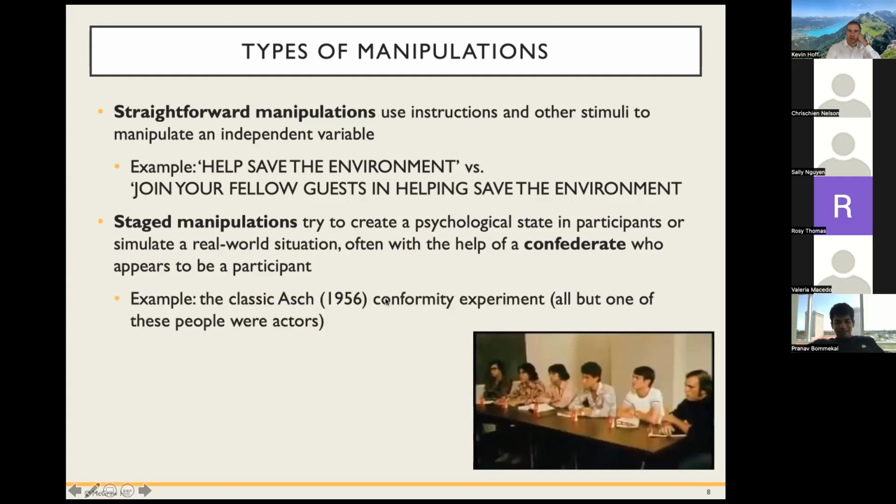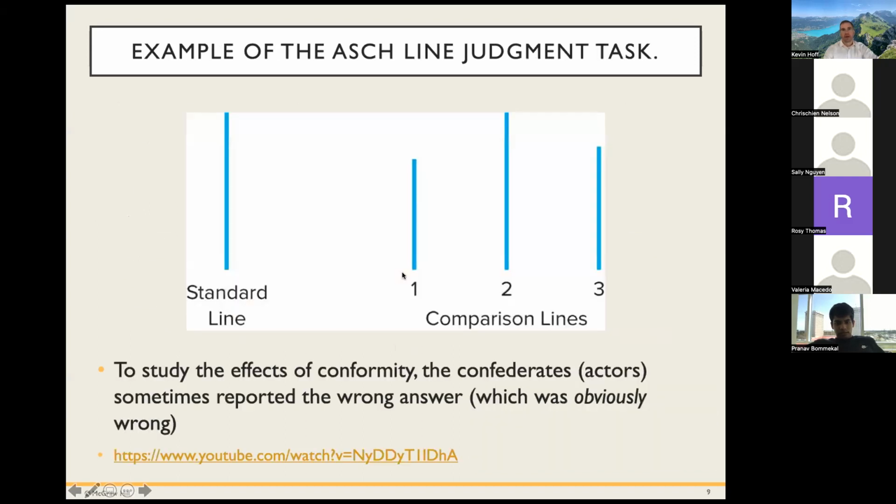We're going to watch another example of a staged manipulation in a video here, which is a classic psychology study about the effects of conformity on people's behavior. Essentially, you'll see in the video, people were asked to compare the line length of different lines.